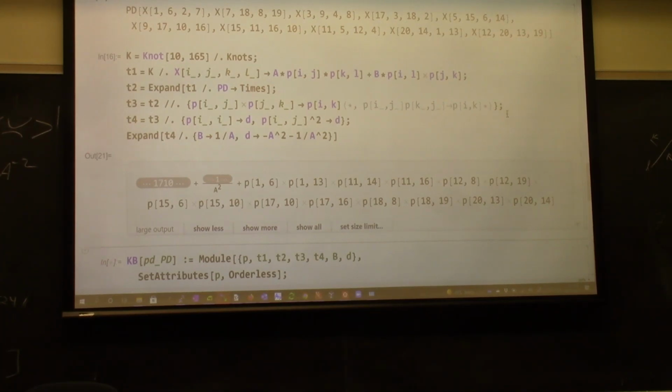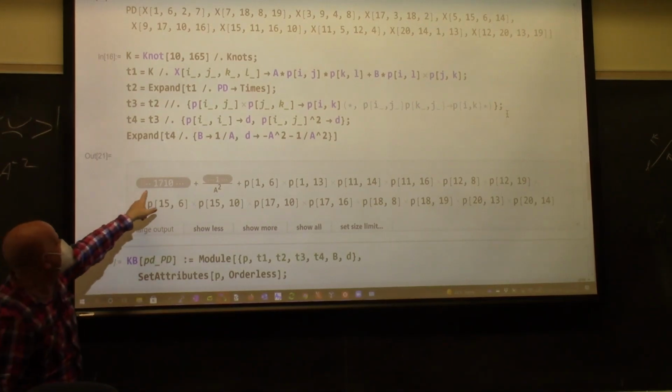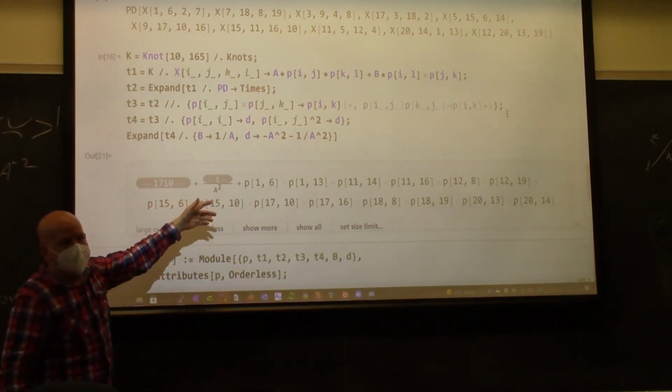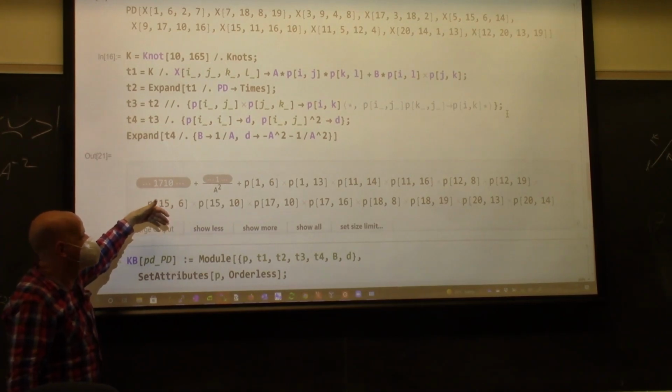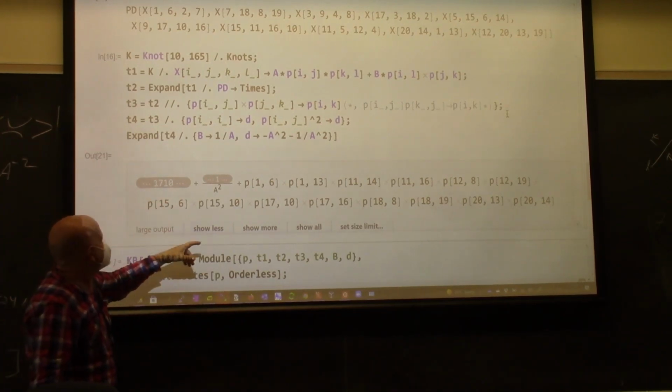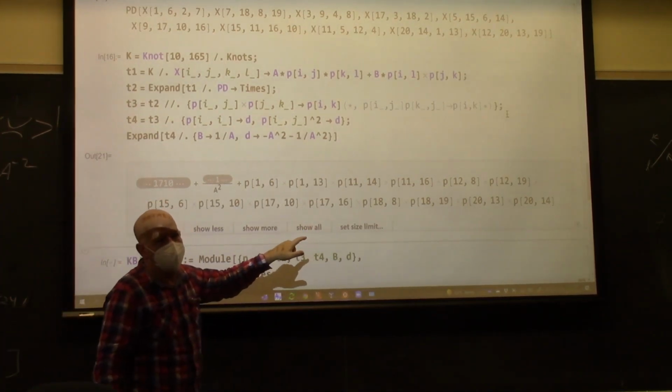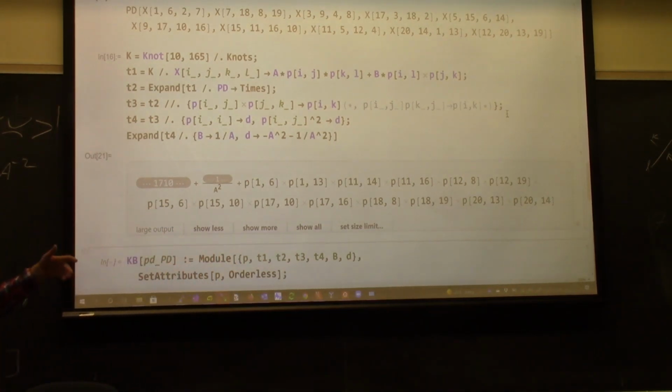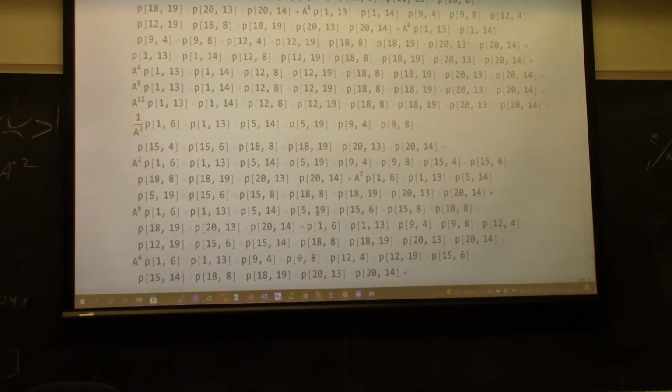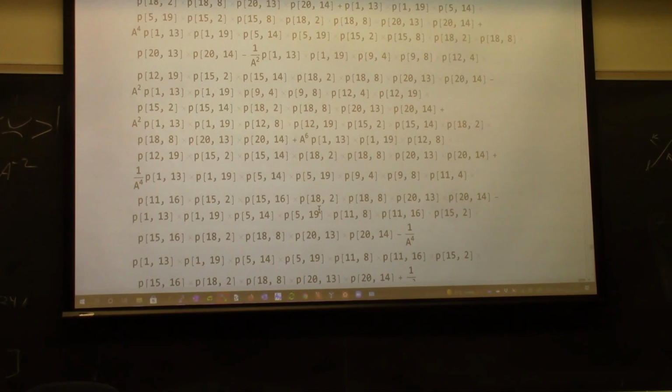And what went wrong? Unfortunately, it's a big knot. So we're seeing an intermediate result of the computation in which something went wrong. And it in itself has a large number of terms that the computer is not showing us. Of course, I could click here, show all. It would show everything. But then, why don't we not do it? This will be very sad. Okay, it's a big thing. What's wrong with this big thing?